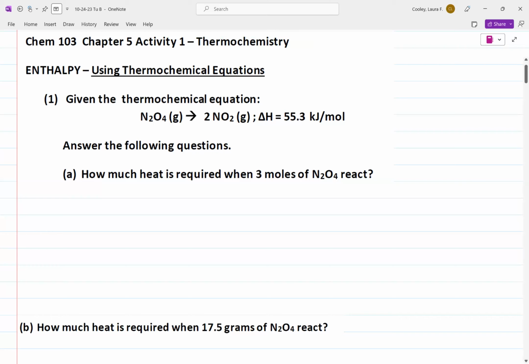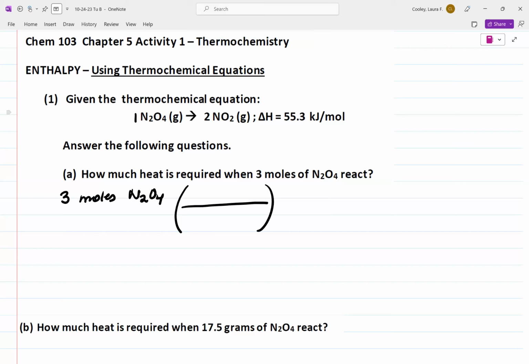So you start, don't forget, you start with what you know. And then you put in here what's going to go in there. Don't forget there's not a mole ratio.